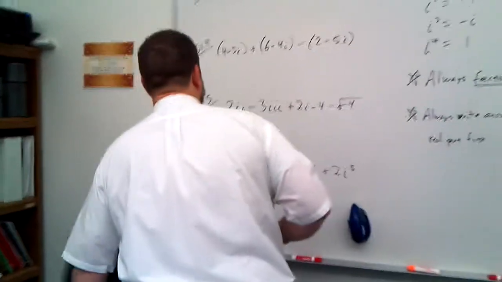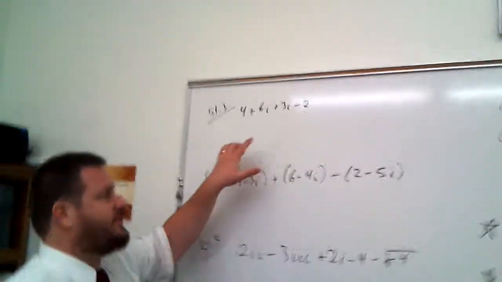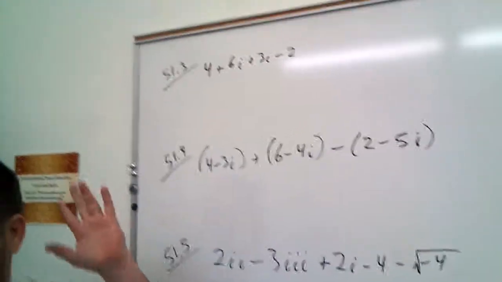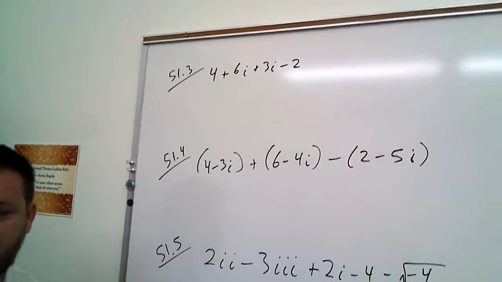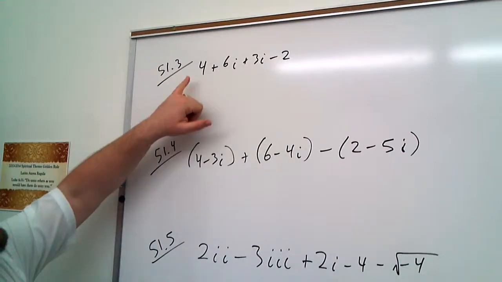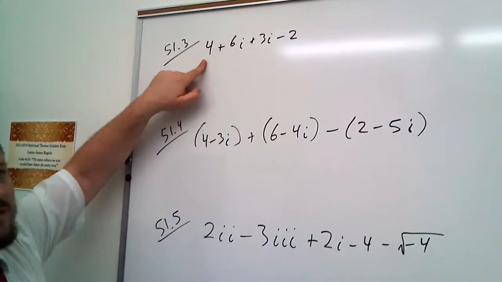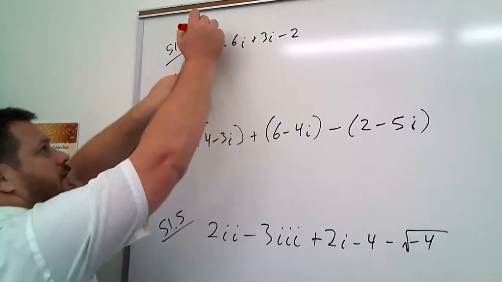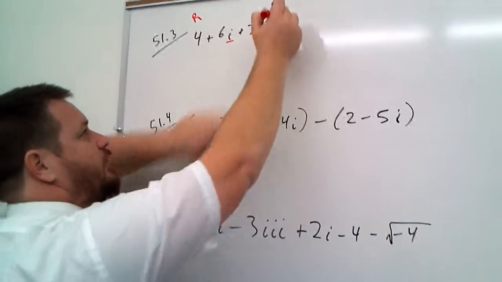Okay, speaking of simplifying, for purposes of simplifying you can think of the i like an x when it comes to figuring out like terms. So in this example, if we have 4 plus 6i plus 3i minus 2, is this a real or imaginary? Real. This is obviously imaginary, and this one's a real.